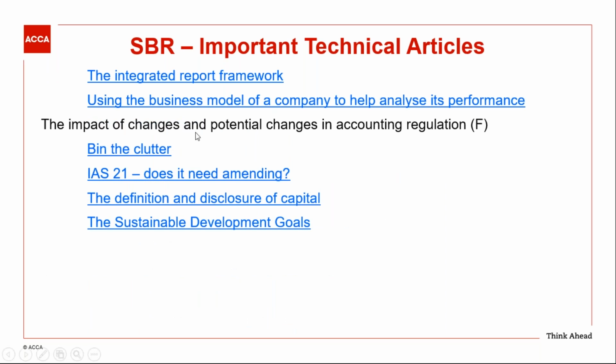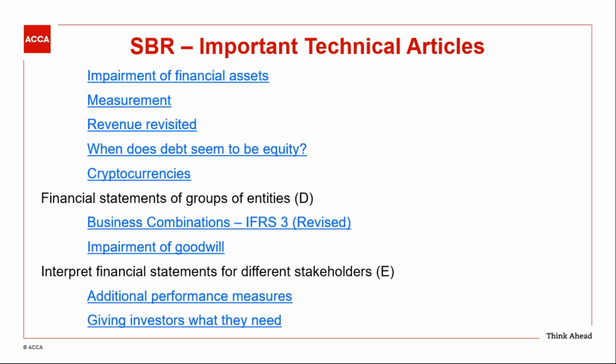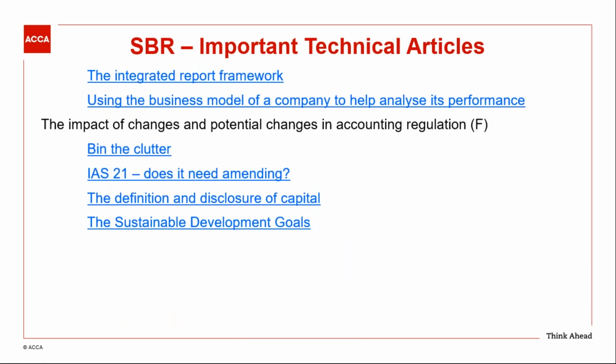And on change in accounting regulation, we have just discussed: does IAS 21 need amendment? This is a very important article and you must read it along with the others. For the interpretation of statements of financial position, you can prepare your whole section by looking into these articles: additional performance indicators, giving investors what they need, the integrated reporting framework, and using the business model of a company to help analyse its performance.